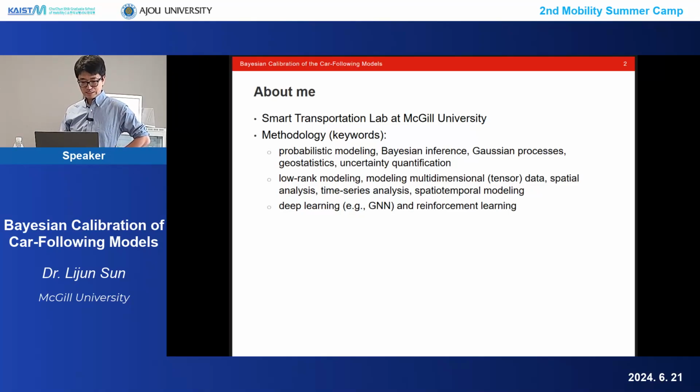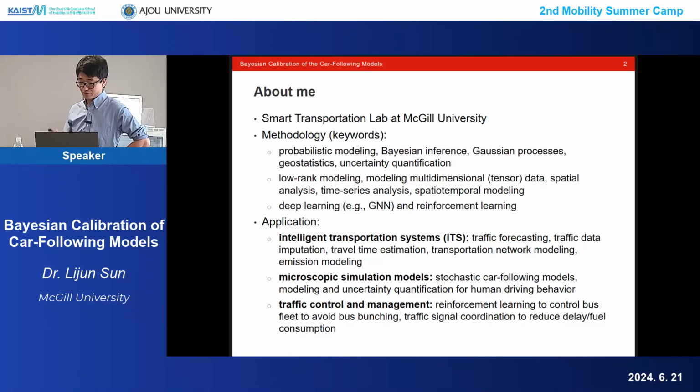In terms of applications, most of the methodological models we develop in the first part can be used in three applications. The first application is integration with intelligent transportation systems. For example, the time series models we developed can be used as an efficient and effective tool for traffic forecasting.